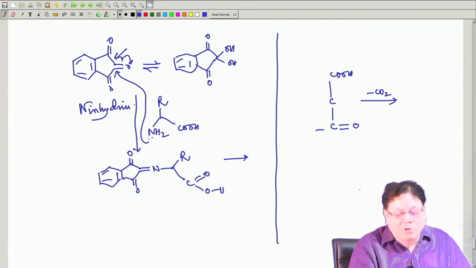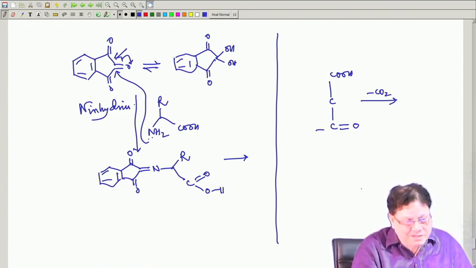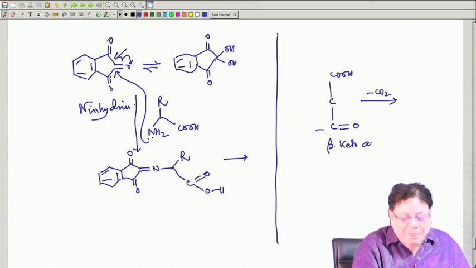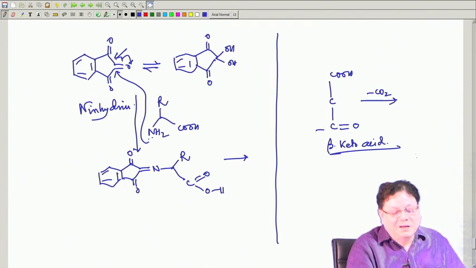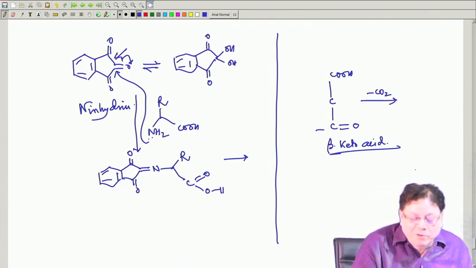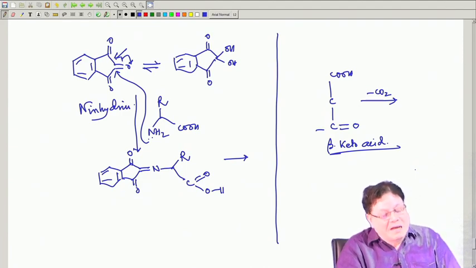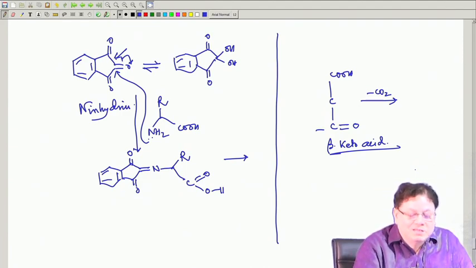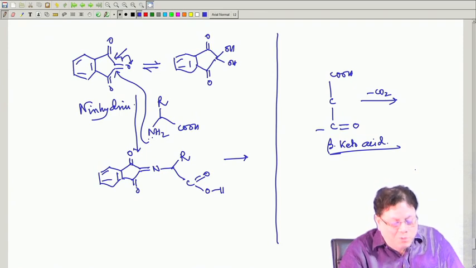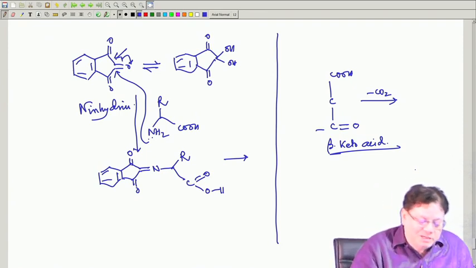That is called the decarboxylation of beta keto acid. So, beta keto acids are very unstable. They lose carbon dioxide. That is why when we buy acetoacetic acid, we have to buy it as the ester form, CO2Et, in order to block the release of the carbon dioxide.